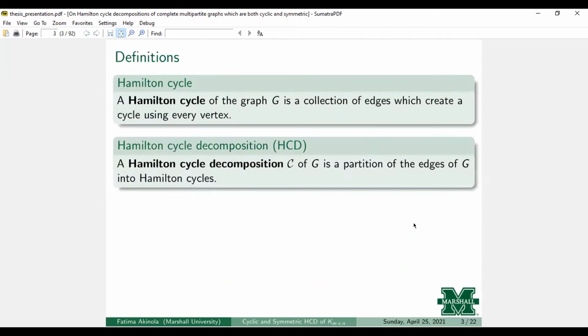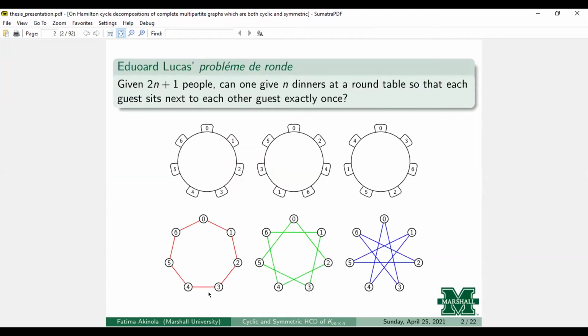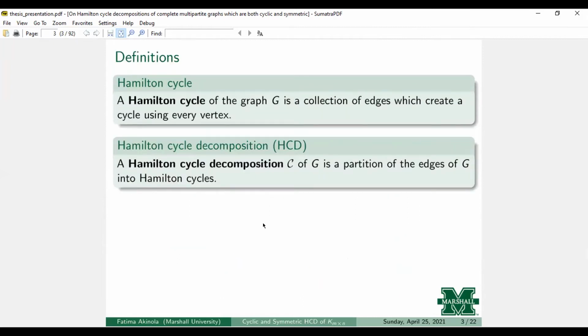So I'm going to, in a way, just brush through this. A Hamilton cycle is just a collection of edges that creates a cycle using every vertex. So you see I'm using all the vertices, and I'm not repeating them in any way. And a decomposition is just us taking all the edges of our graph and partitioning it into Hamilton cycles.